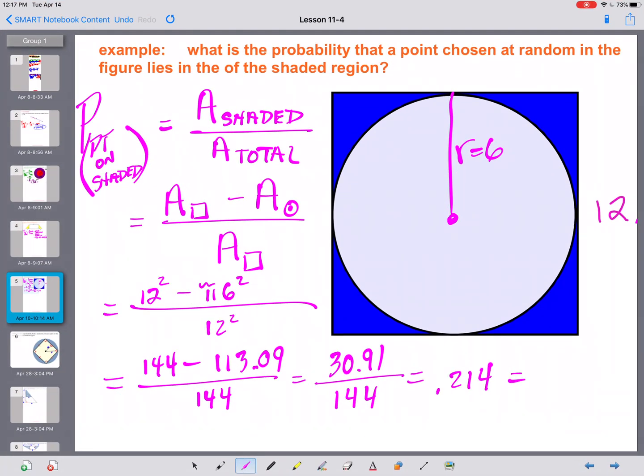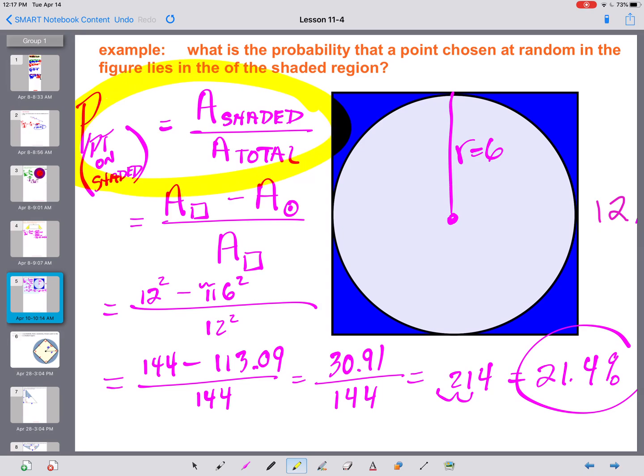As a percentage, move it twice to the right: 21.4%.